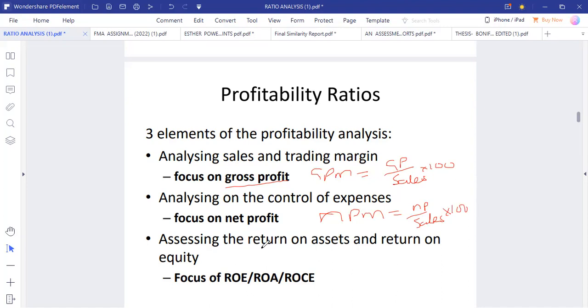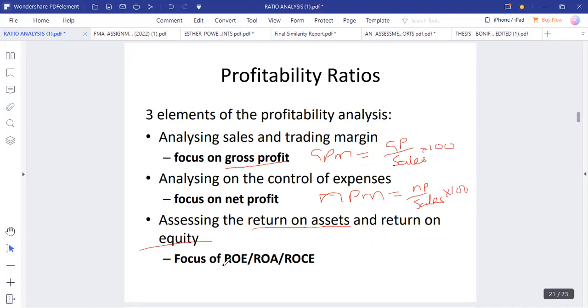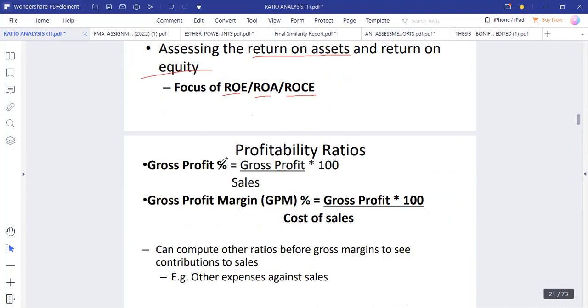Then we also have the focus on assets and equity. So we have the return on equity, the return on assets, and also the return on capital employed. Here it looks at the owners of this investment in terms of assets, equity, and capital employed, and how much return you're giving them. So these are the profitability ratios. Gross profit margin is gross profit over sales times 100, in percentage.